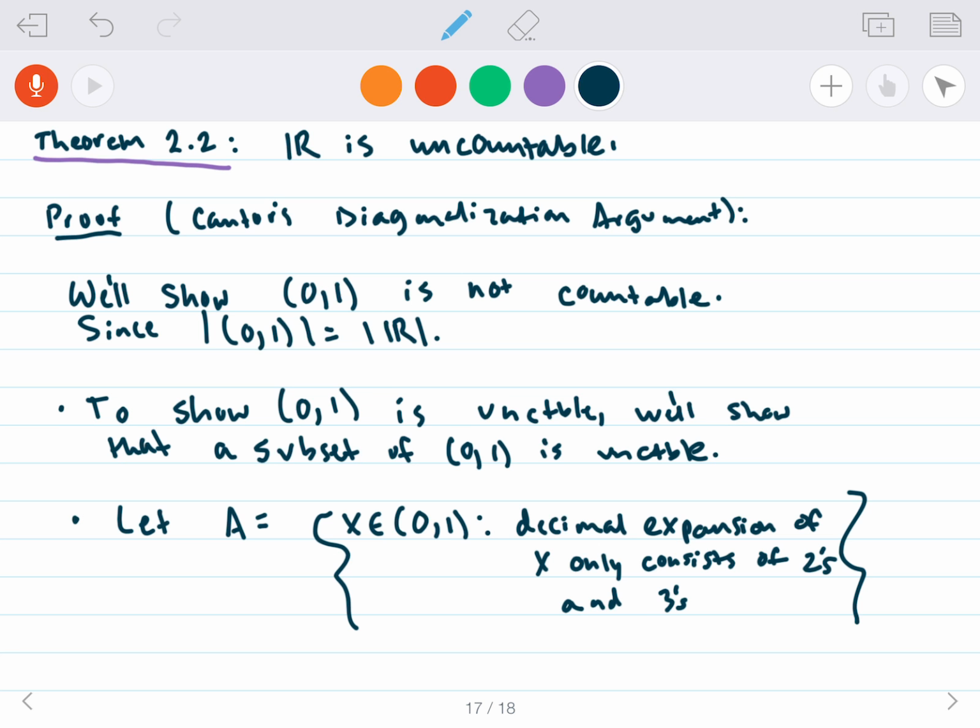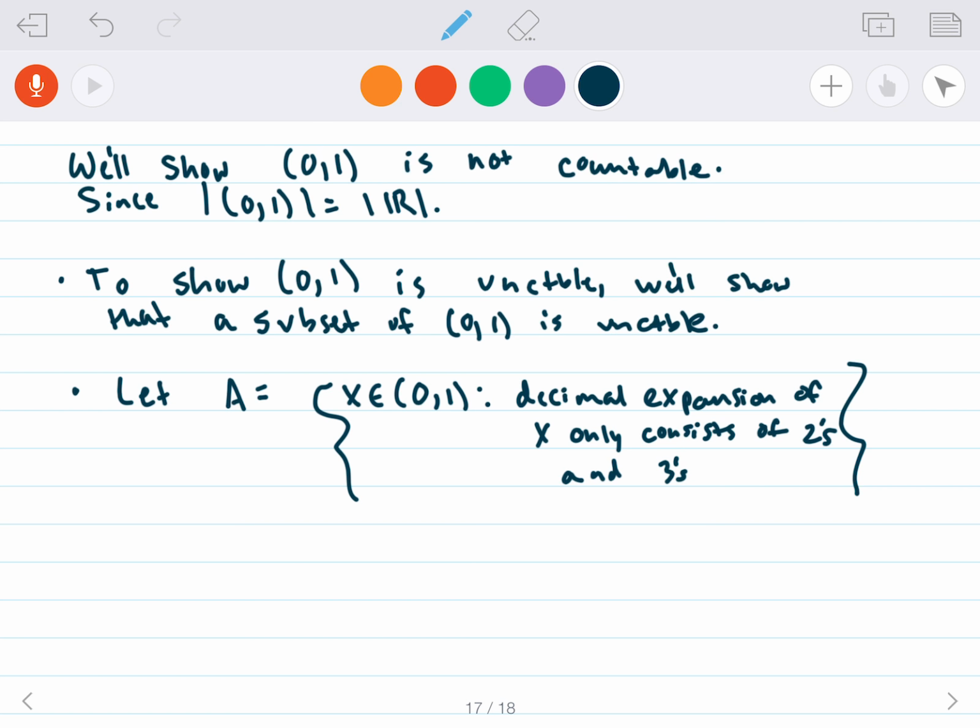You could play this game with 2 and 4, 5 and 6, whatever, but I'm just going to use 2 and 3. And so I'm going to show that A is uncountable, and to do that, I'm going to proceed by contradiction, and suppose that it's countable.